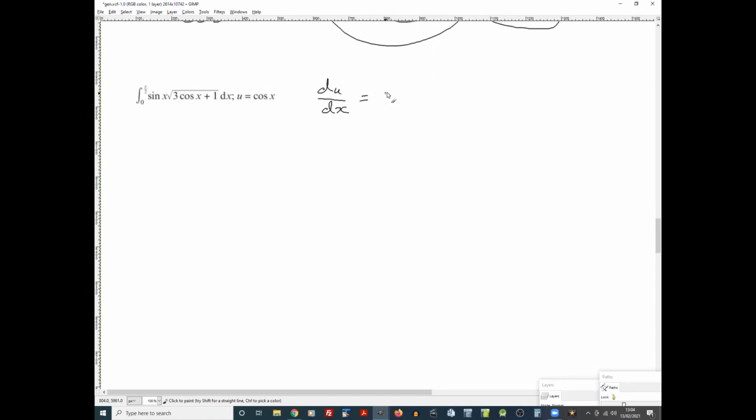Minus sine x. Yeah, exactly. And then dx will equal du over minus sine x, minus du over sine x. Yeah, quite. So you could call it minus cosec x.